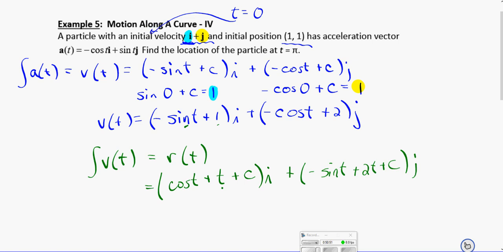And now I'm going to find that value of c using the 1 and 1 from the initial position. At time 0, cosine of 0 is 1, plus time 0 plus c equals 1, and that 1 right there is coming from that 1 right there.